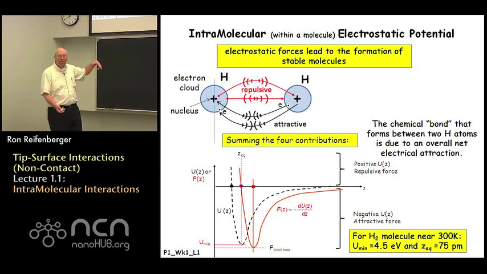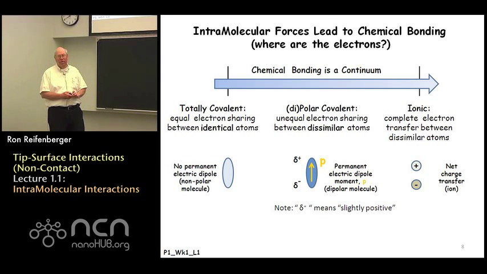So this whole process is referred to as chemical bonding in a generic way. Our chemistry colleagues who may be sitting in on these lectures understand this phenomenon very well. I'd just like to say that this chemical bonding is really a continuum.